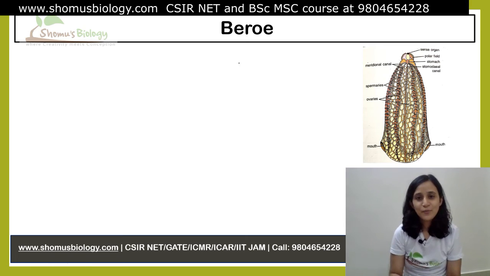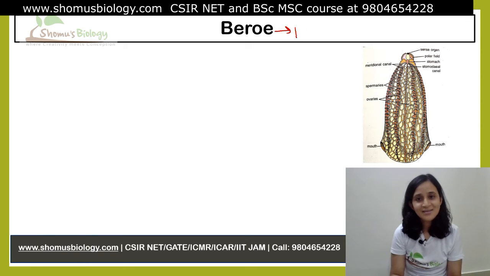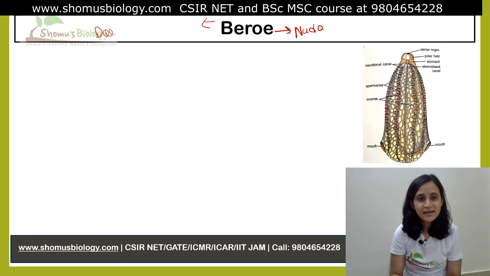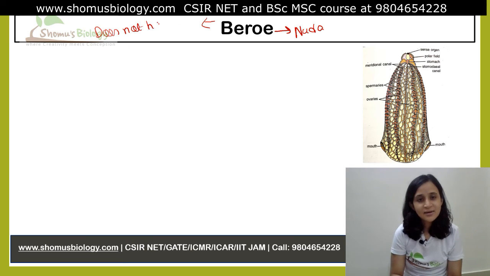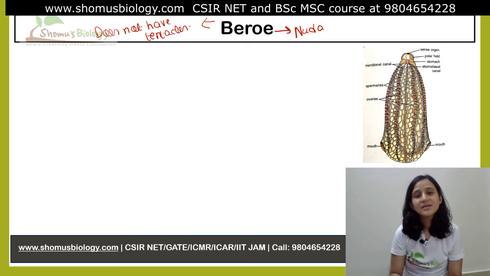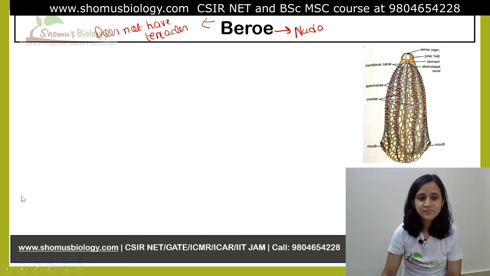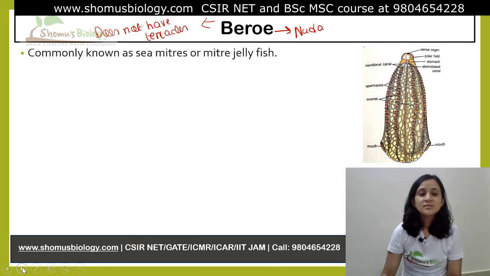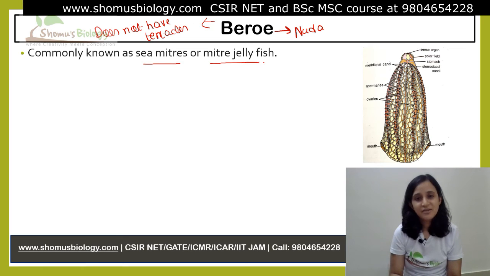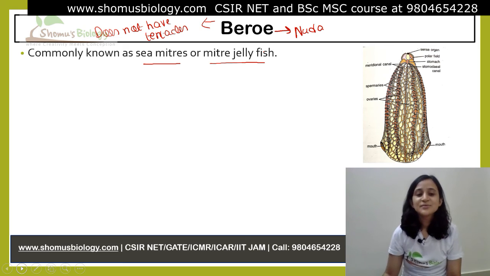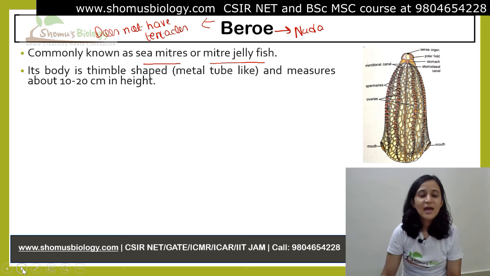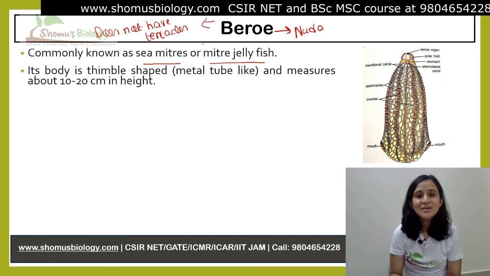Next is Beroe. So Beroe comes under the class Nuda because it does not have any tentacles, right? So they are commonly known as sea meteors or meteor jellyfish. They have some other names also, sea meteor and meteor jellyfish, and its body is thimble shaped.